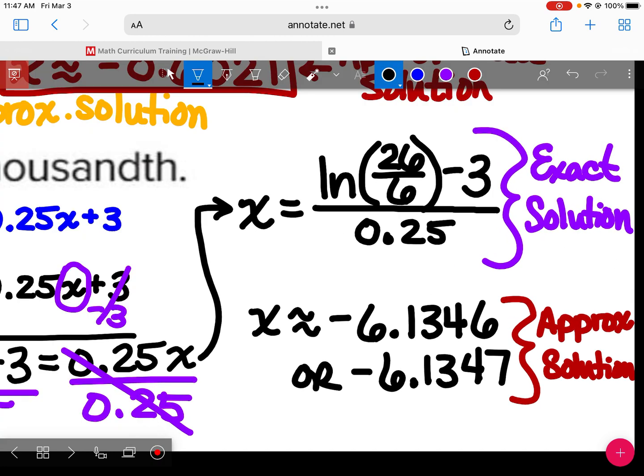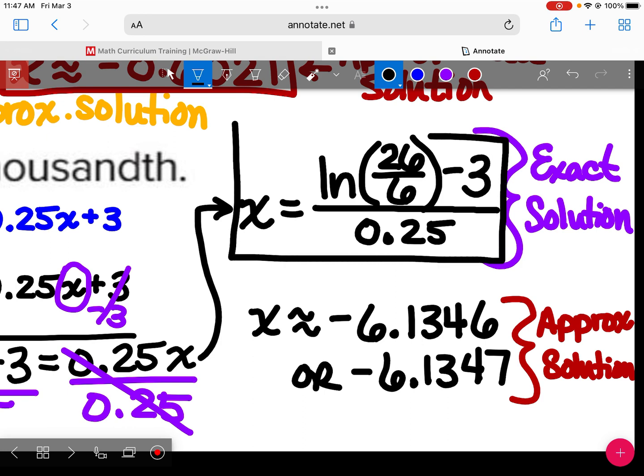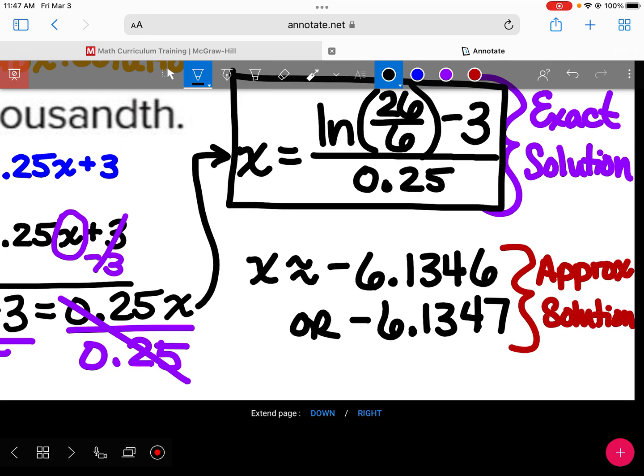So if they asked for an exact answer, I would leave my answer like this. If they asked for an approximate answer, or if it said round to the closest, I would leave my answer like this.